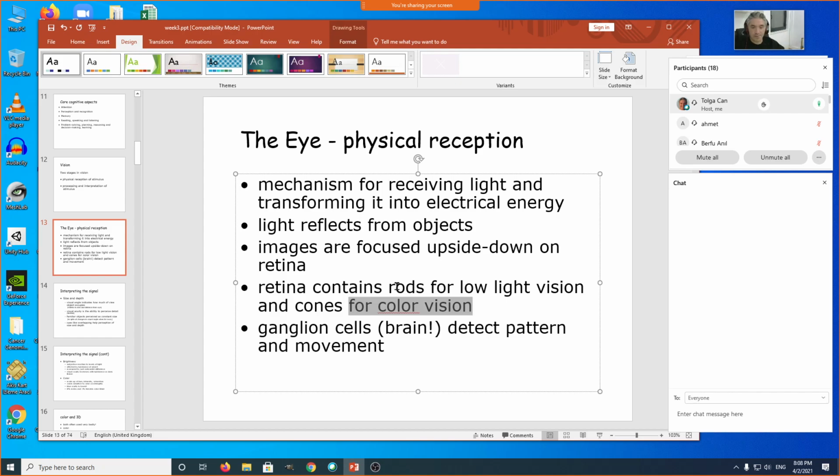So you may try this interesting experiment. For example, go into a room which has very low light, but there is still some amount of light in that room. If you look at an object straight in front of you, that object is invisible.